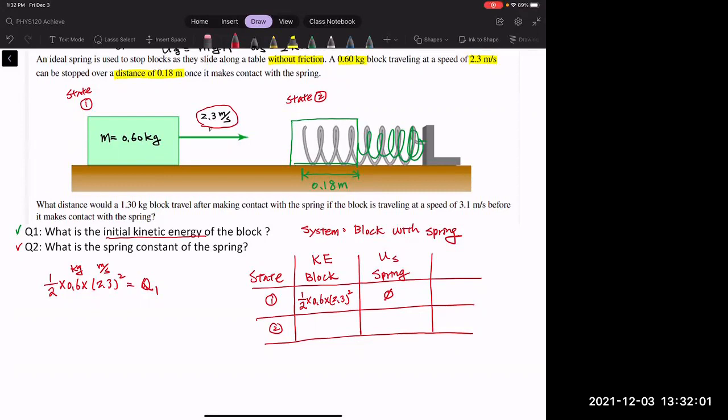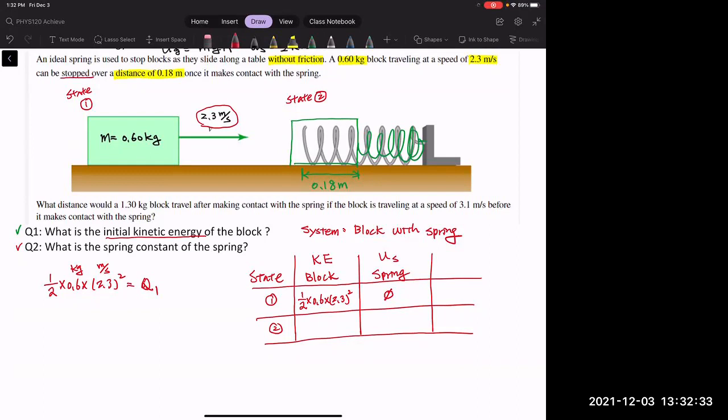It is pretty much relaxed on the table, so nothing is moving or pushing on it, so the energy will be 0. When the block pushes the spring and compresses it 0.18 meter, that will be our state 2. It said the block stopped over that much distance.